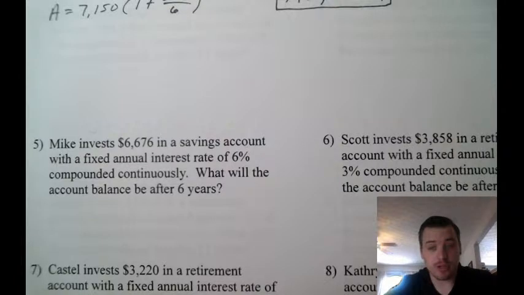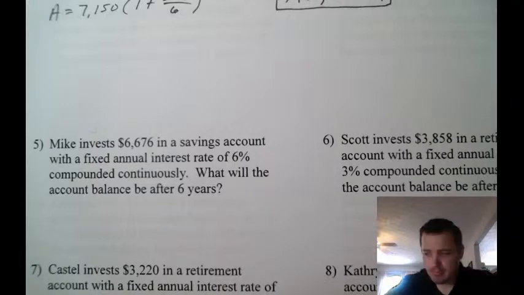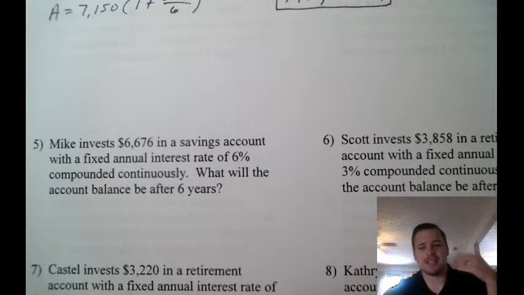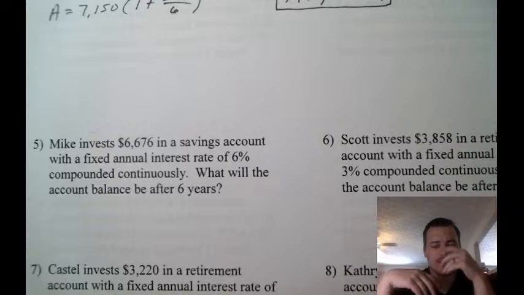If it compounds 12 times a year, that's really good because that means every month you're getting more money. So then basically banks just started saying, you know what? We will compound your money continuously. We will compound it all the time, 24/7, 365 days. We will constantly compound your money.